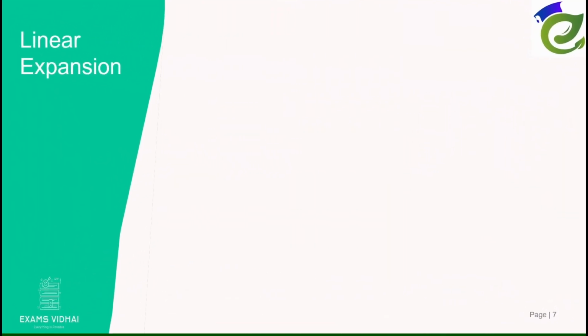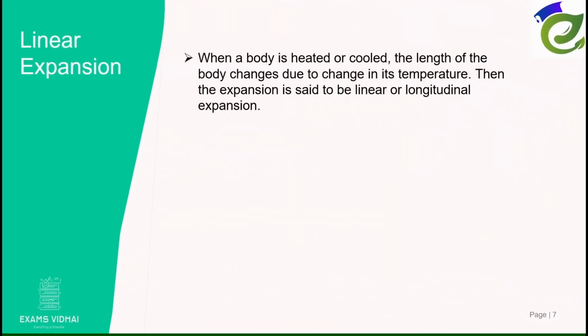Linear expansion. When a body is heated or cooled, the length of the body changes due to the change in its temperature. Then the expansion is said to be linear or longitudinal expansion.